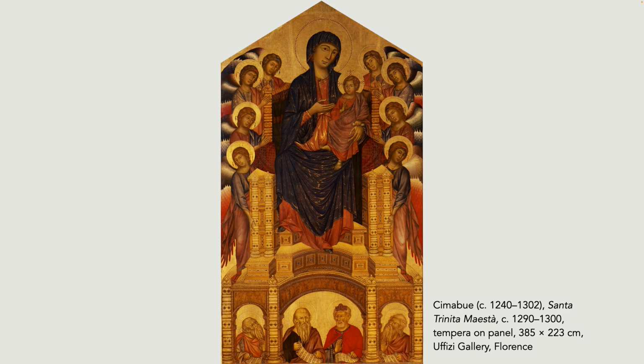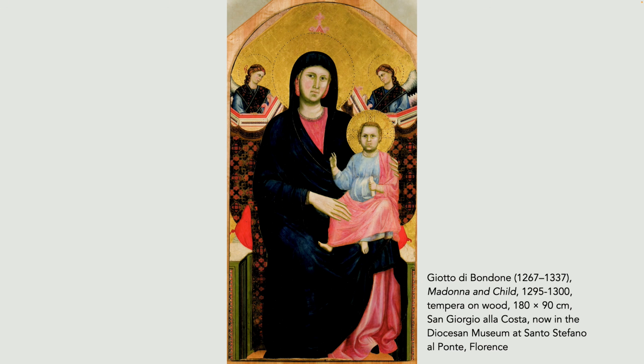So we now come to perhaps the greatest master and innovator of the early Italian Renaissance, Giotto di Bondone, the father of European painting. This is his Madonna and Child from 1295 to 1300.